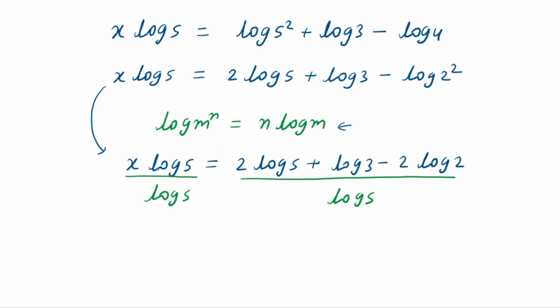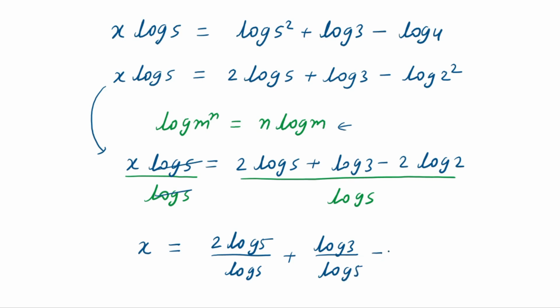Then this log 5 and this log 5 cancel out. On the left hand side, x is equal to 2 times log 5 over log 5 plus log 3 over log 5 minus 2 times log 2 over log 5.